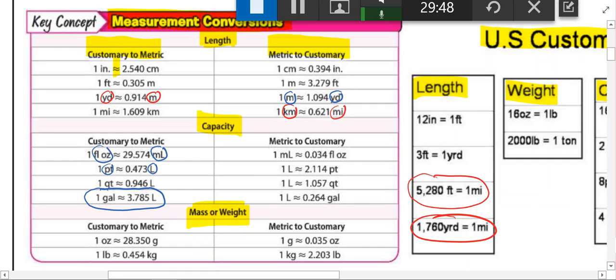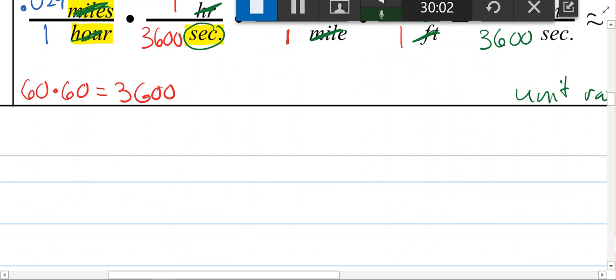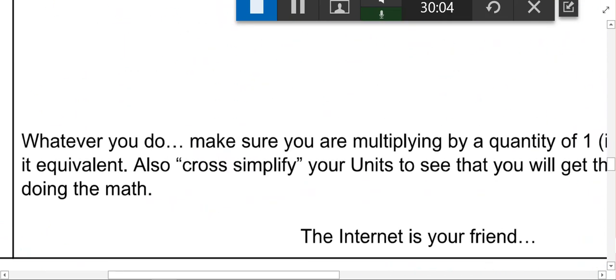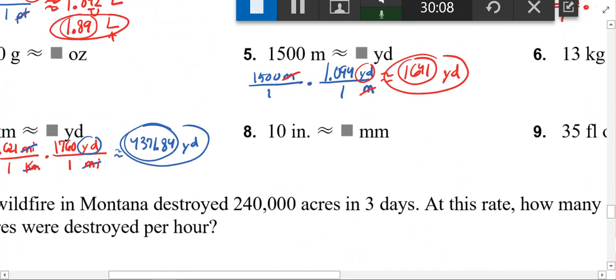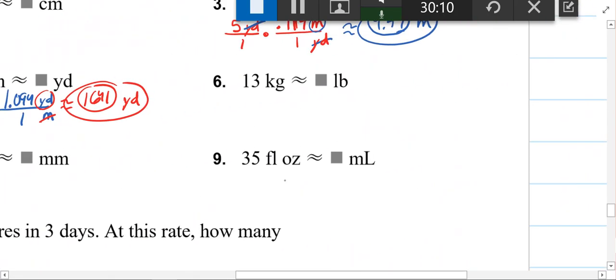Yes, there's only 1 to remember, but this is a long number for Mr. Coco to remember all the way down there. So 29 and 574 thousandths. 29.574. Had to write it down quick.